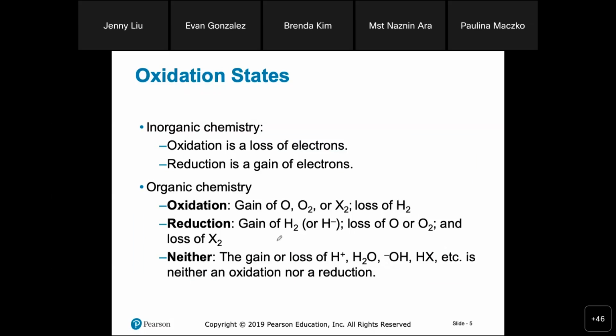Reduction means gain of hydrogen or loss of oxygen. I think in the last class I also mentioned that you need to always know and remember this when we handle this type of topic. There are also some other types of reaction where there is no gain or loss of hydrogen, water, or hydroxyl. These are neither an oxidation nor a reduction.